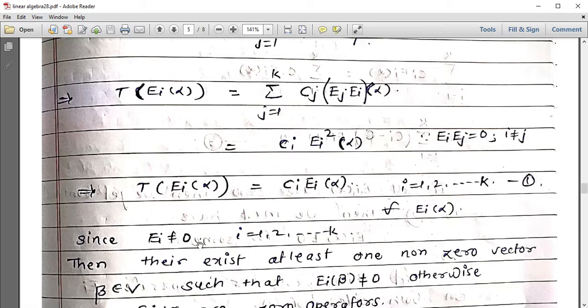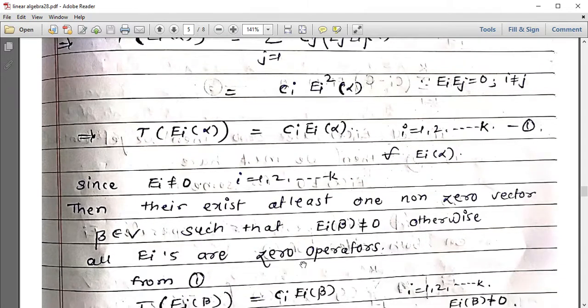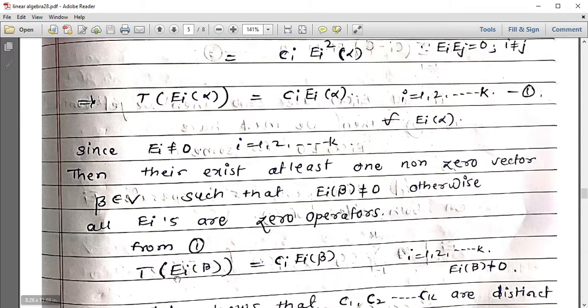All these linear operators are non-zero for i equal to 1 to k, so there exists at least one non-zero vector beta belonging to V such that Ei of beta is not equal to 0. Otherwise, all Ei would be the zero operator. Hence T of Ei of beta is equal to Ci Ei of beta.